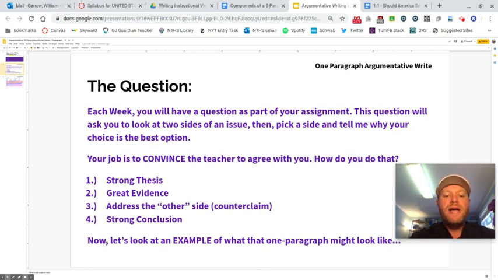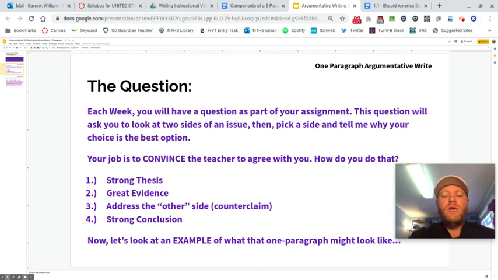You're going to want to address the other side, and we call this counterclaim. Okay, so addressing the other side means look at the other side of the argument, acknowledge that they have evidence. However, then tell me why yours is still the correct choice or the correct option, and then a strong conclusion.